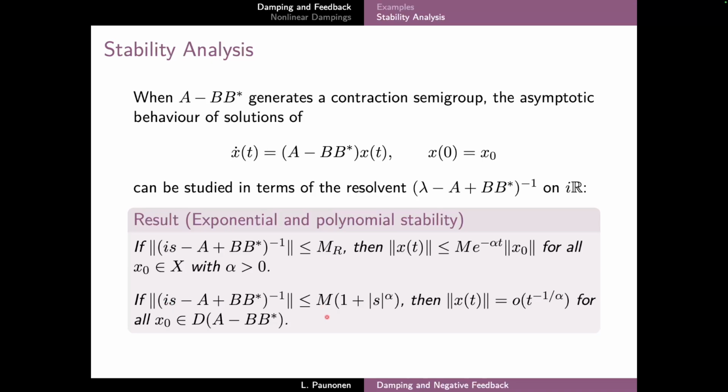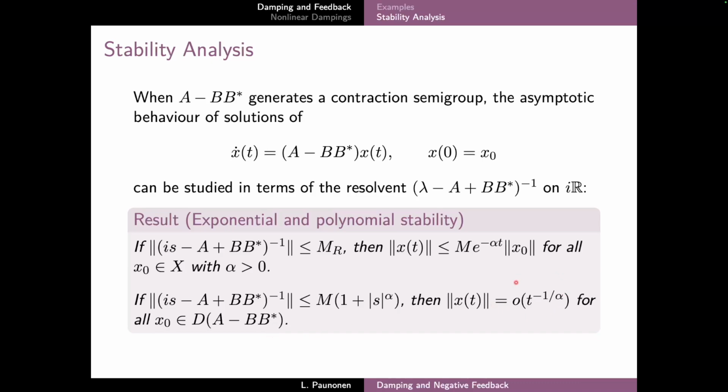And a result by Borichev and Tomilov in particular states that if the resolvent exists and grows at most polynomially along the imaginary axis, then we in fact get asymptotic stability for our equation, and in addition we get a rational decay rate of convergence, not for all initial conditions, but for all initial conditions which correspond to classical solutions of our equation.